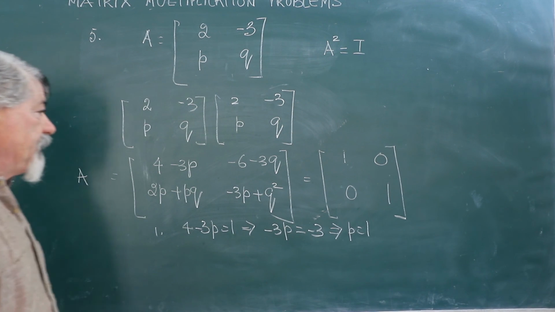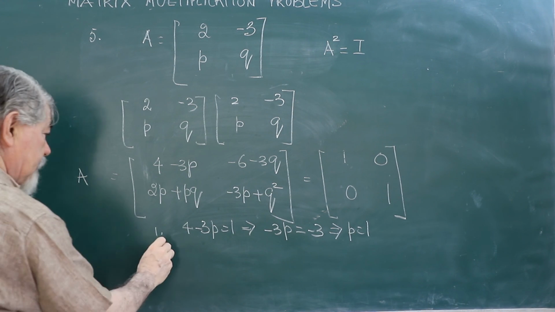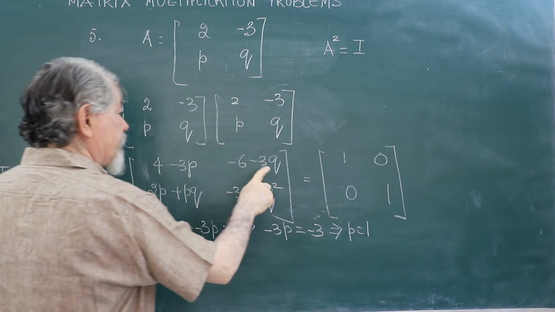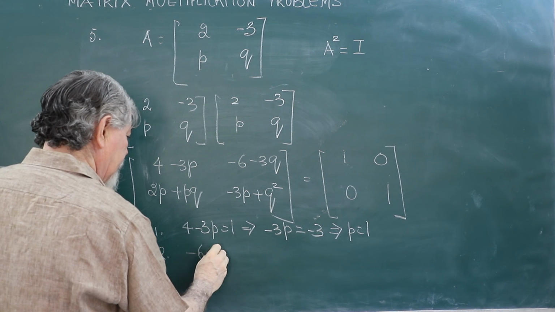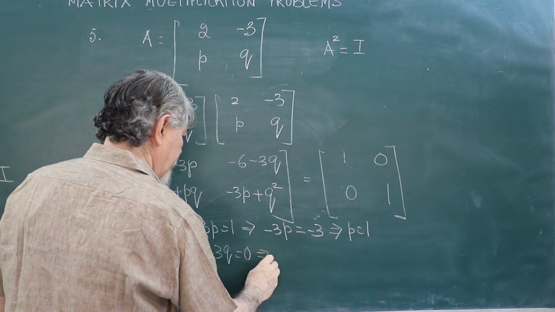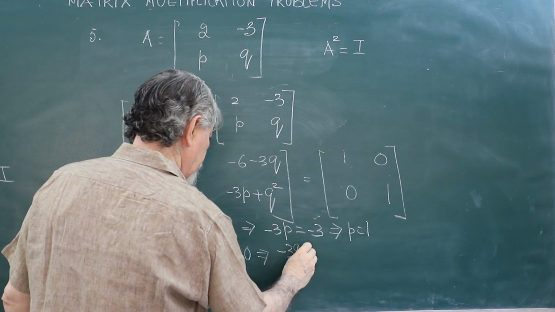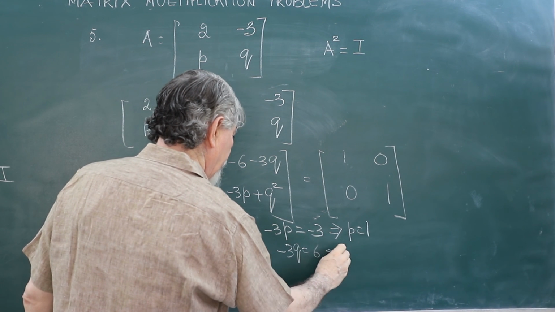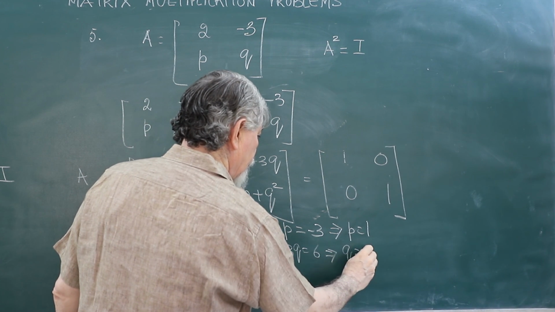We've got the value of p as 1. Second one is 6 minus 3q is equal to 0. That will imply minus 3q is equal to minus 6, or q is equal to 2.